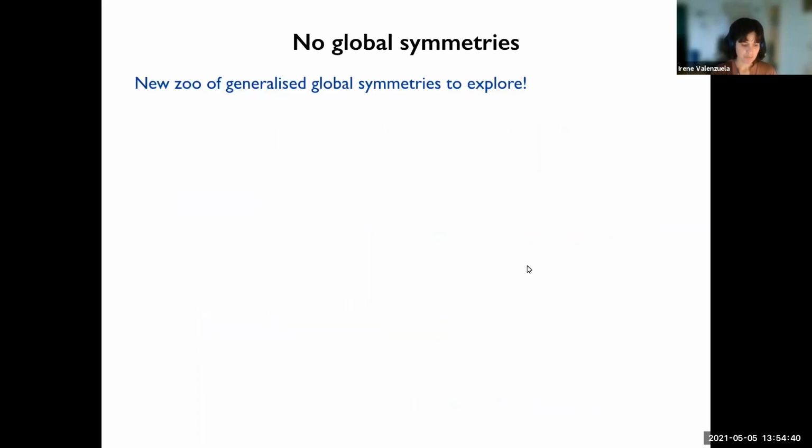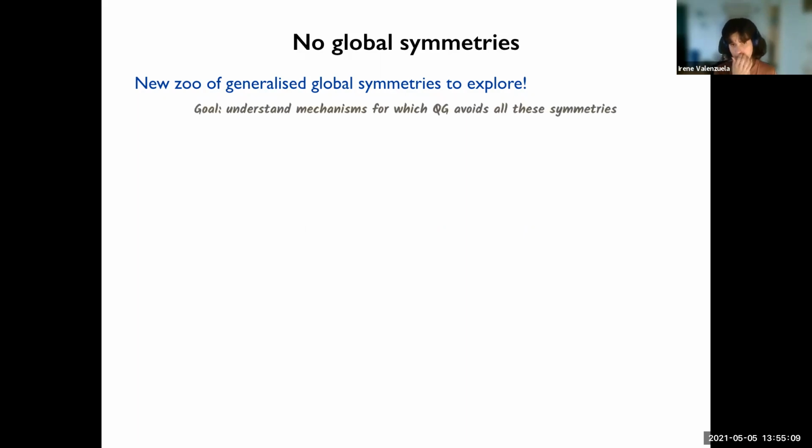Also, I want to remark that the notion of symmetry itself is changing, right? In recent years there has been a lot of activity, also from people here in the audience, studying generalized global symmetries and many structures that are derived from this. And the question is to what extent all these generalized global symmetries are forbidden in quantum gravity.